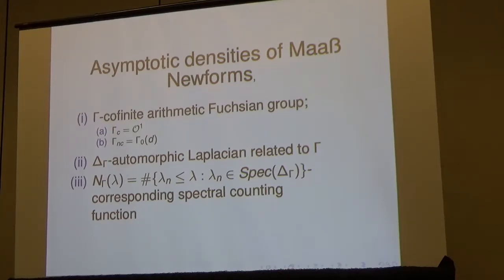So this work emerged from a paper by Morten Risager, who investigates the asymptotic behavior of a spectral counting function for Laplace eigenvalues for Maass new forms on gamma 0 N. He asks the question for which Hecke congruence groups gamma 0 N is this spectral function of co-compact type.